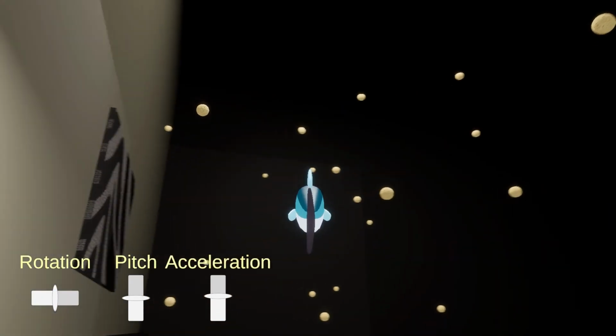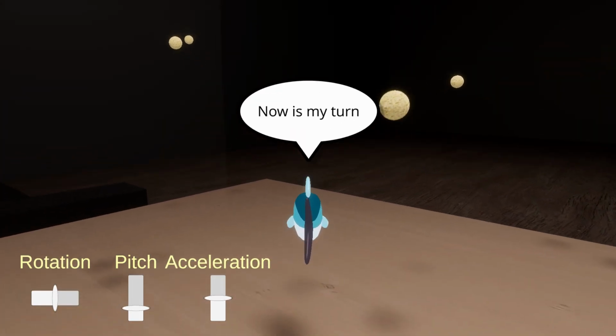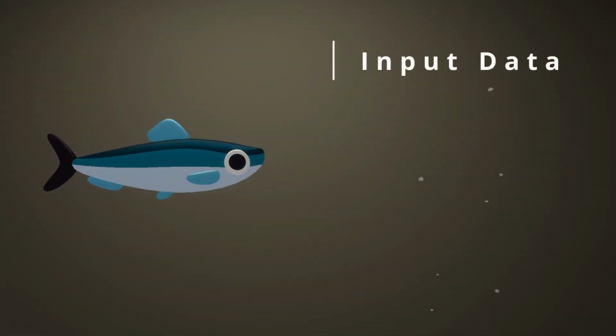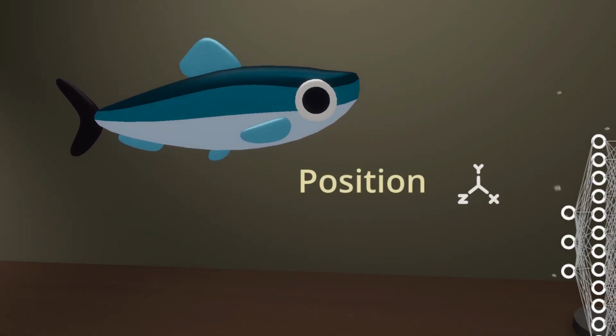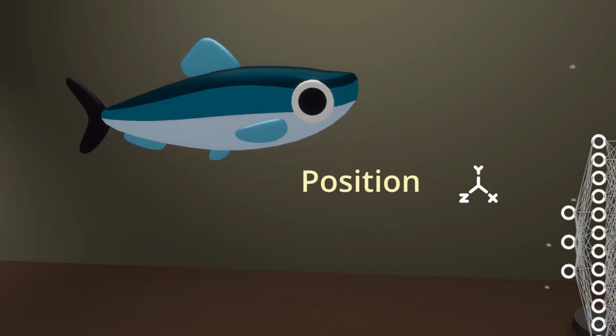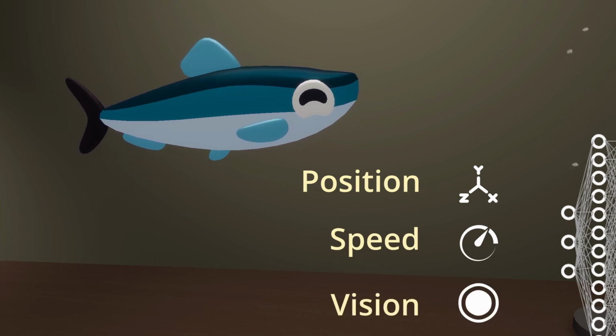In order for the neural network to make correct decisions about which control elements to use, we need to input data about the surrounding environment and the object being controlled into the neural network. We will input the following data: the position of the fish in the aquarium, speed of movement and rotation, information from Arti's virtual eyes.